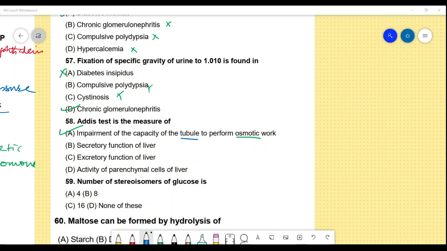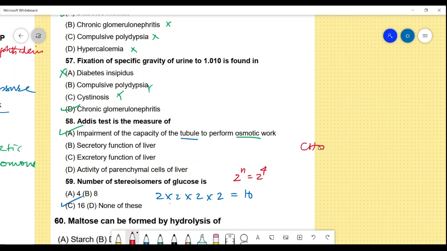Okay, so question number 15 is connected with the number of stereoisomers of glucose. How do you do that? 2 into 2 into 2 into 2 equal to 16. So C is the right answer. Why am I taking four 2's there? Because the number of stereoisomers depends on the number of asymmetric carbon atoms, 2 to the power 4.